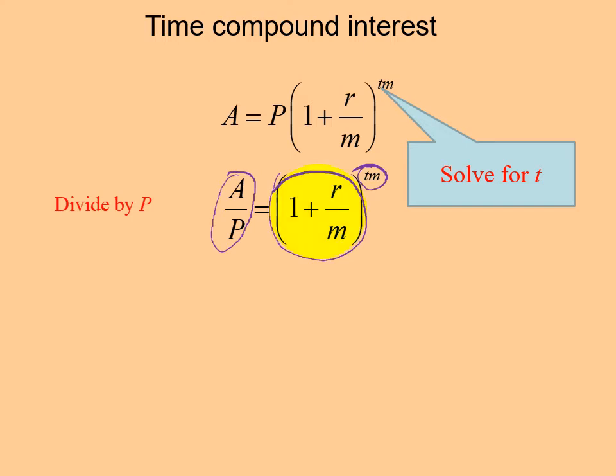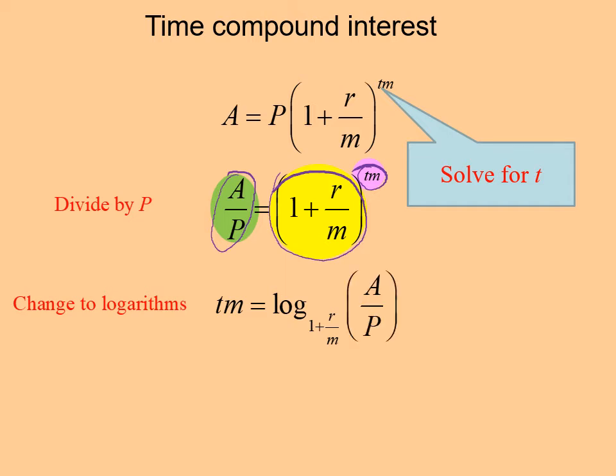Change that into logarithm form. The base is the 1 plus R over M. The logarithm is the exponent, and then the other number.